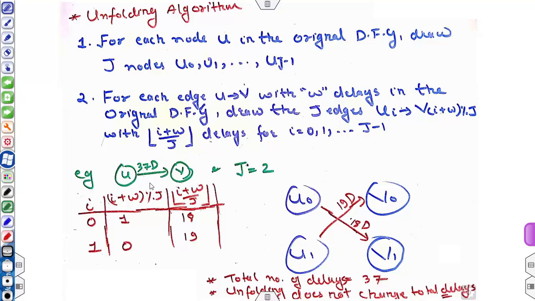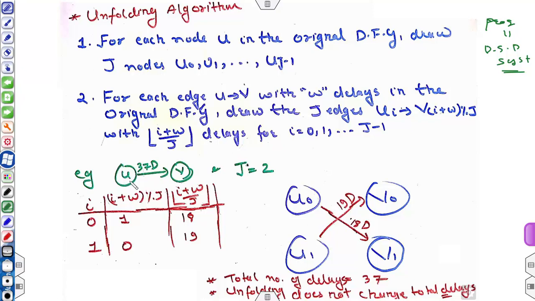You have to follow two steps to convert any given program to a j times unfolded program. Here the words program and DSP system are used interchangeably. Step 1 is for each node u in the original DFG draw j nodes u0, u1, up to uj minus 1. A simple circuit is described by its data flow graph.